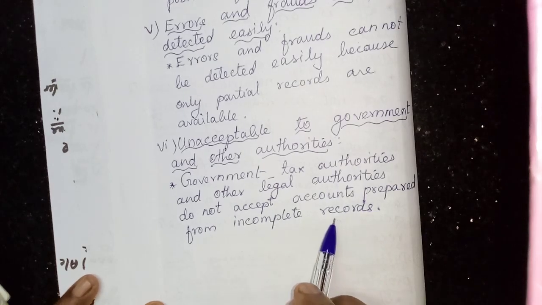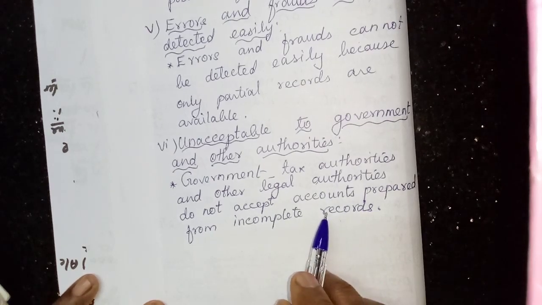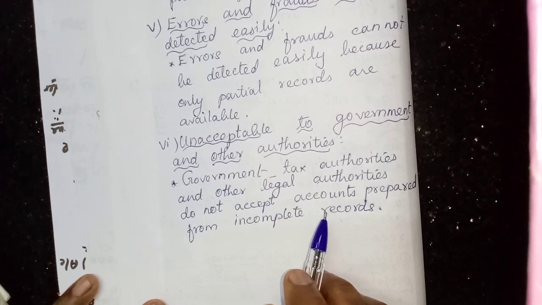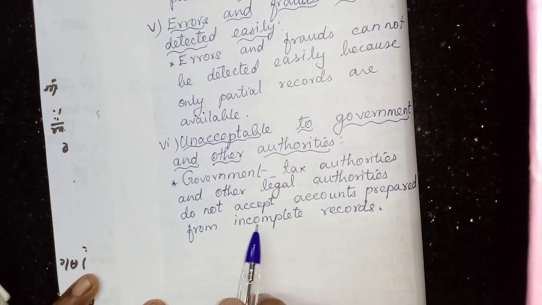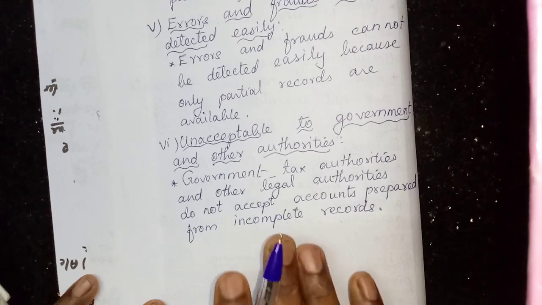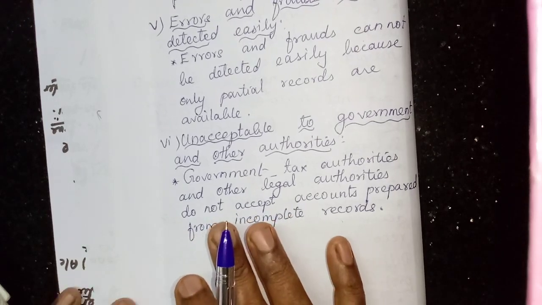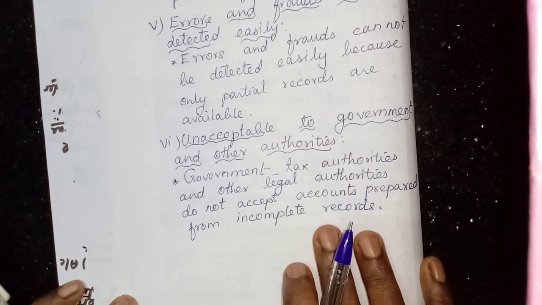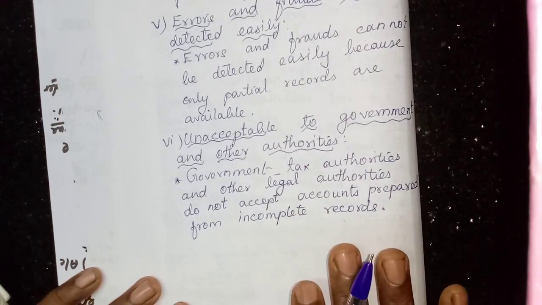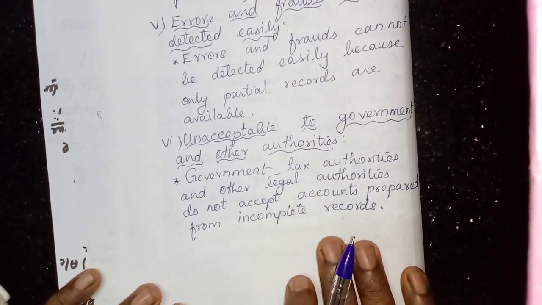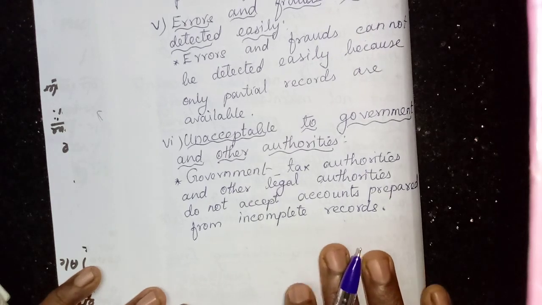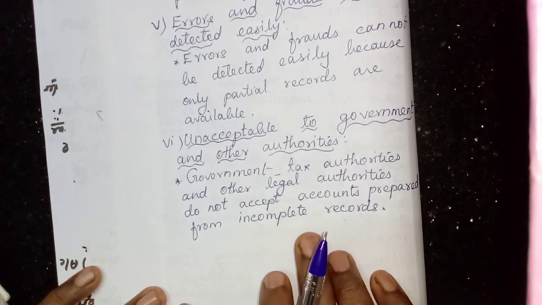For any checking, dispute or case in the court of law, if we submit these accounts, they never accept them. These are the 6 limitations. You have to study them by heart, write them, and send them in the group.